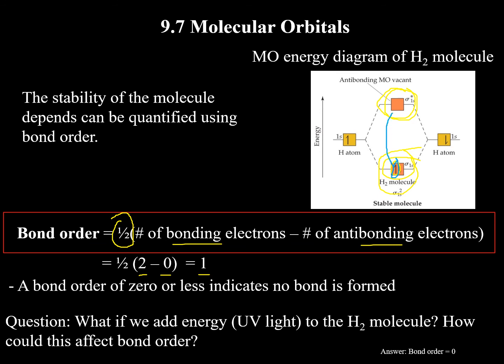It would go up to the antibonding, and then you would have 1 in the stable sigma, and 1 in the unstable antibonding MO. 1 minus 1 gives you 0, so the bond order would be 0. A very unstable molecule, an excited H2 molecule, and then it'll start reacting.